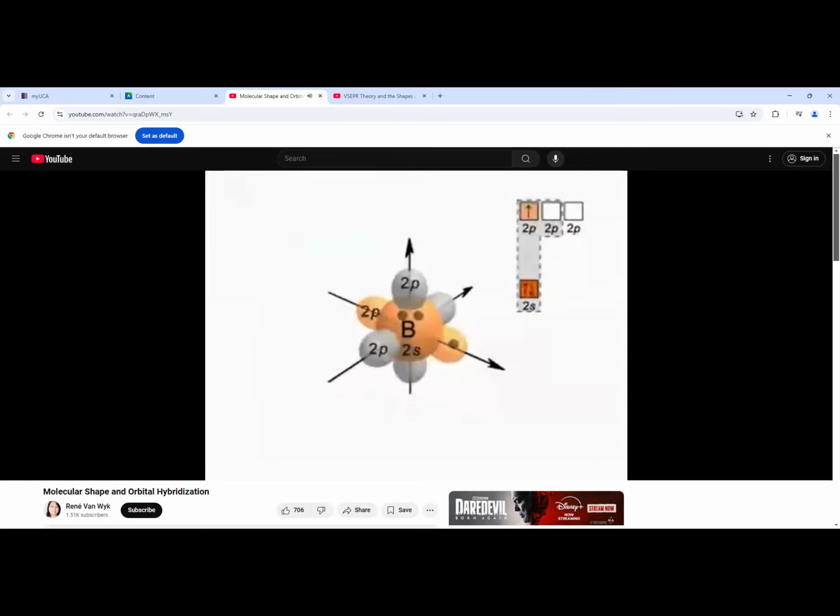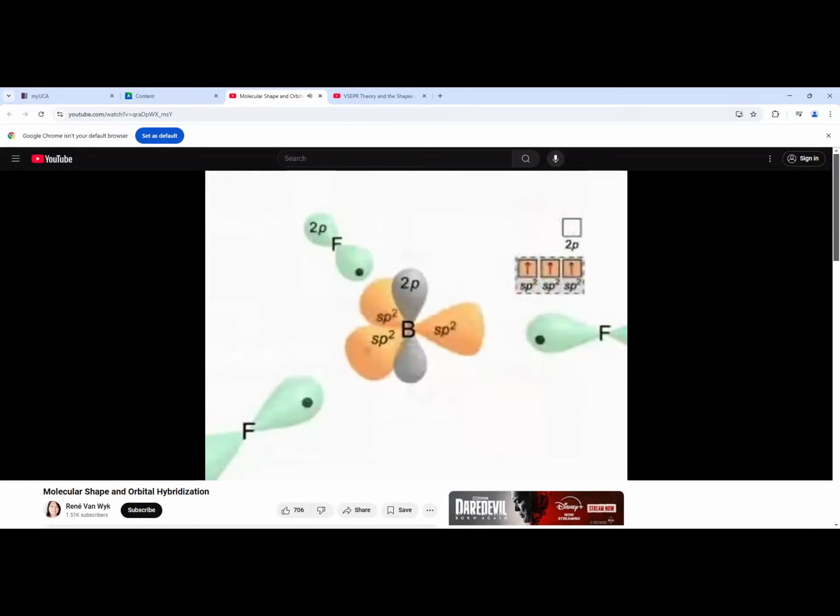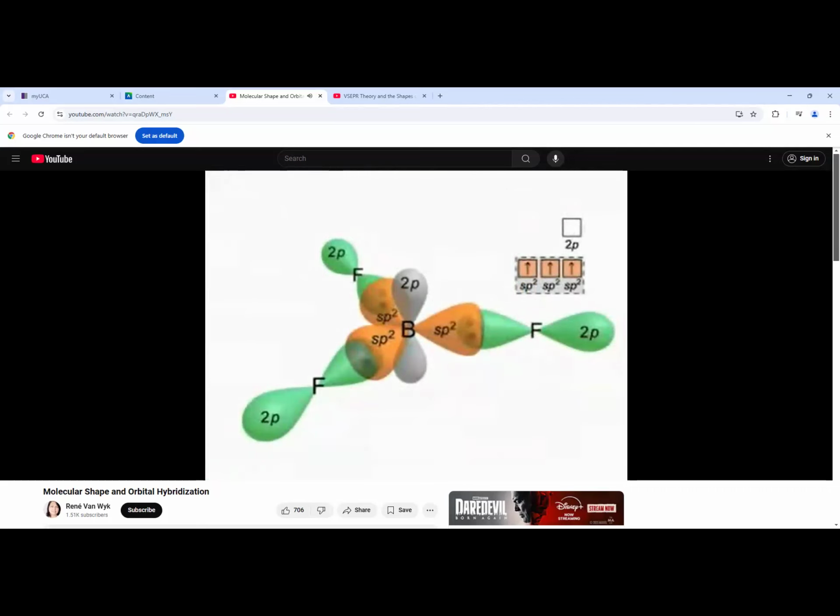Here's an orbital depiction of the ground state boron with filled 2s, half-filled 2p, and two empty 2p's. The fluorines have half-filled 2p orbitals. In BF3, the boron atom is sp2 hybridized, with the three sp2 hybrids pointing to the corners of an equilateral triangle. Boron and fluorine orbitals overlap to form three B-F bonds 120 degrees apart.